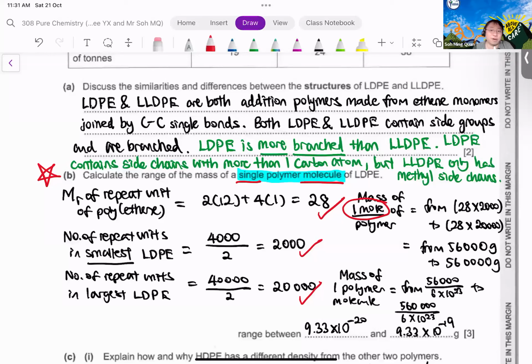I don't think you will ever forget 6 times 10 to the power of 23 now, given that I've said that 23rd October is Mole Day. Mole Day is celebrated from 6 a.m. to 6 p.m. 6 times 10 to the power of 23. So you have to divide by 6 times 10 to the power of 23 to get an answer. Okay? So I think that's the last step that most of you left out. You forgot to divide by Avogadro's number, 6 times 10 to the power of 23.